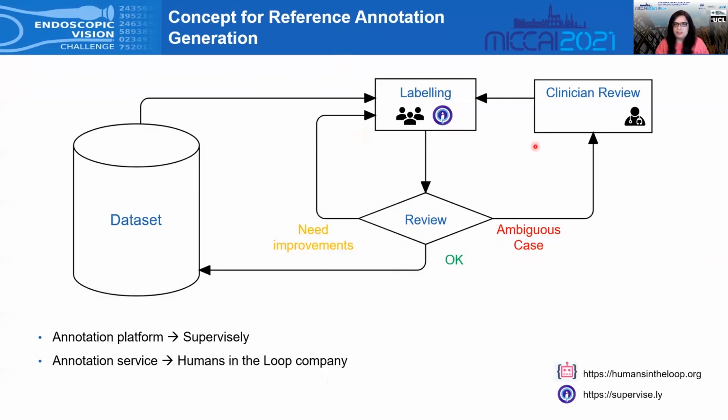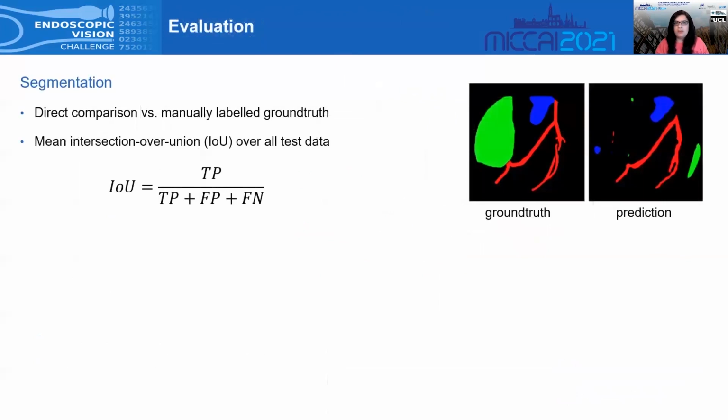verify our annotations. For the evaluation of the segmentation task, since the ground truth was available, we can directly compare the predicted labels with the ground truth labels to quantitatively evaluate the performance of the segmentation model. We use mean intersection over union as a measure over all test data for this purpose.